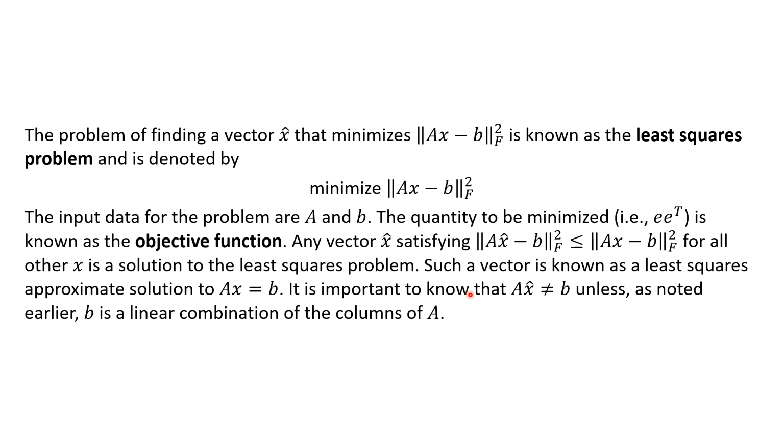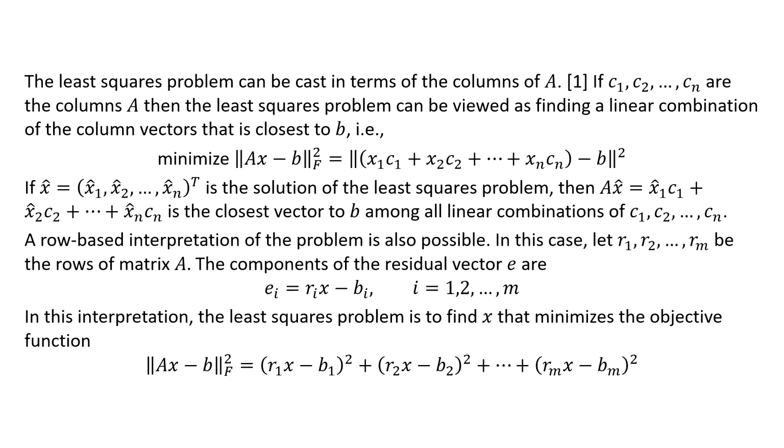It is important to know that A x hat does not equal b unless, as noted earlier, b is a linear combination of the columns of A. The least squares problem can be cast in terms of the columns of A. And I'm going to give you a reference to a video I had done earlier concerning writing Ax, where A is a matrix and x is a vector, in terms of a linear combination of the columns.